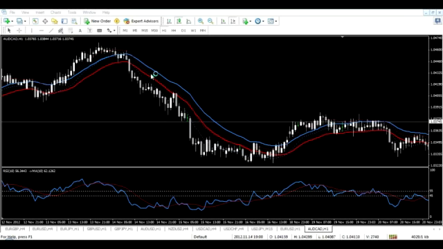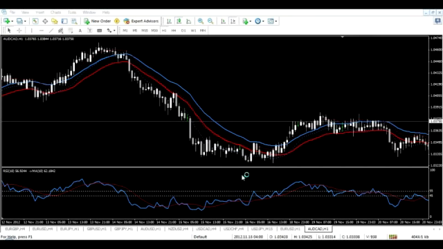Now, not of the close like we usually do, but of the highs and of the lows, and they form a price channel. The blue line down here is the RSI set at 10 periods, and it has added to it a 10 simple moving average, not an EMA, but an SMA. And the 55 and the 45 levels.